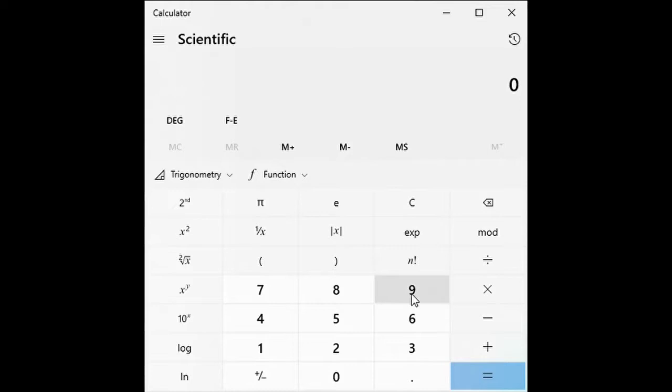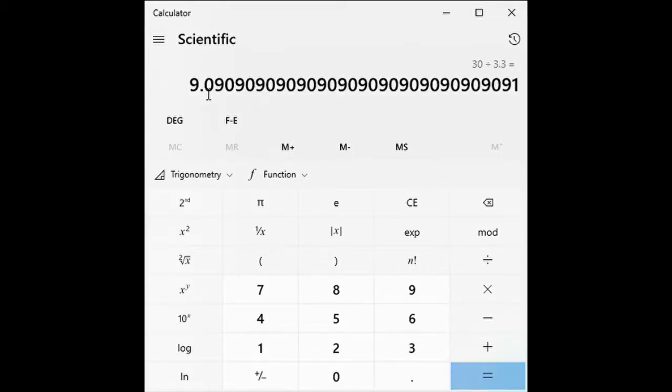So here 30 divided by 3.3. Sorry, let me check it out. So I is equal to V divided by R, where R value is 3.3.